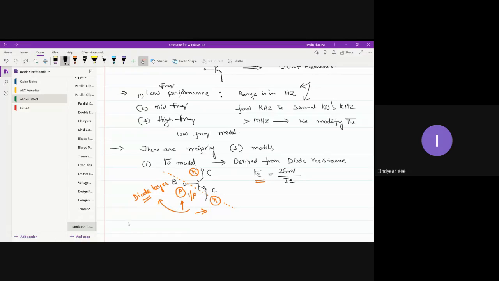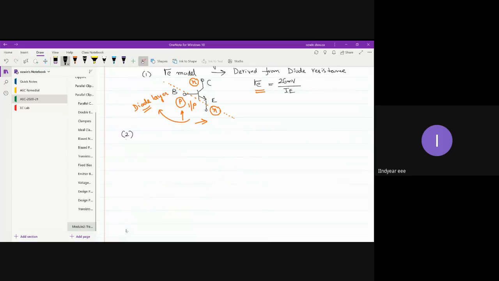Now the second model is the h model. h stands for hybrid. Now, why hybrid?